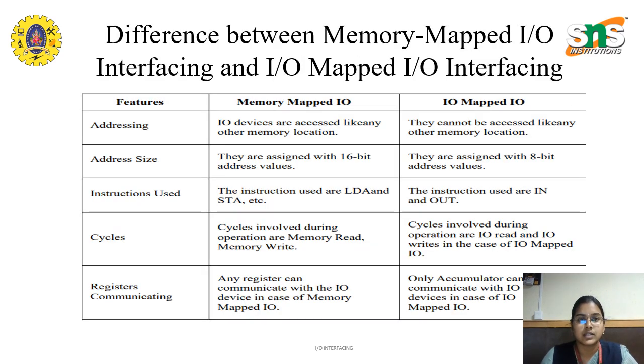First of all, we will start with addressing. In memory mapped, input-output devices can be accessed like any other memory location, whereas in input-output mapped they cannot be accessed like a memory location. For address size, we have 16-bit address values, whereas in input-output mapped we have only 8-bit address values.